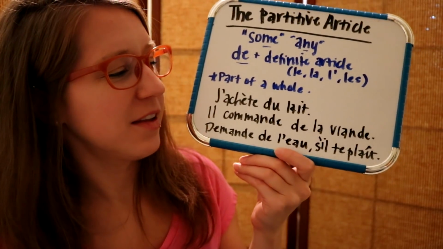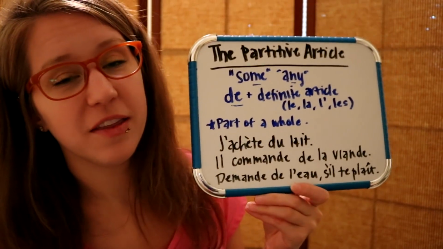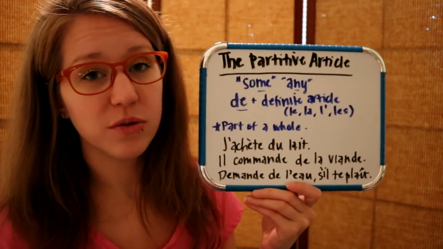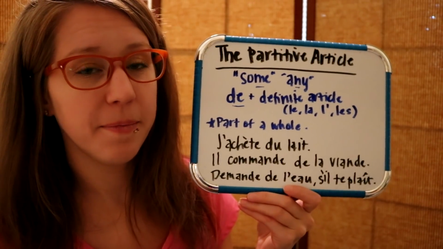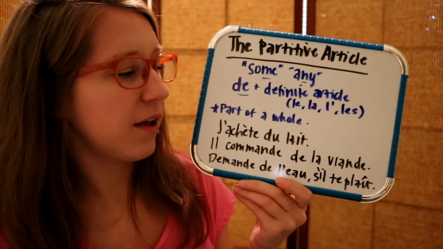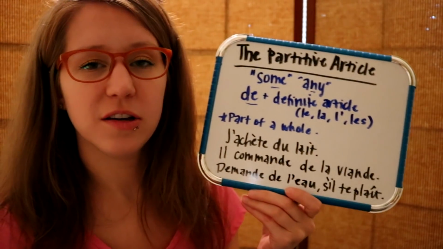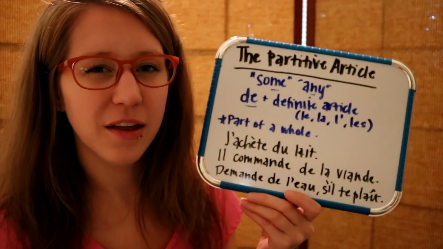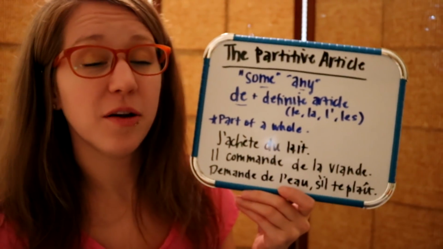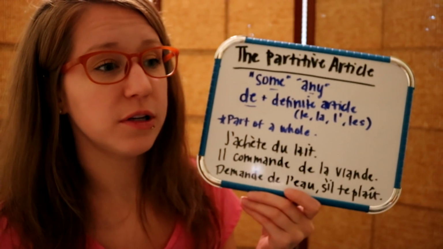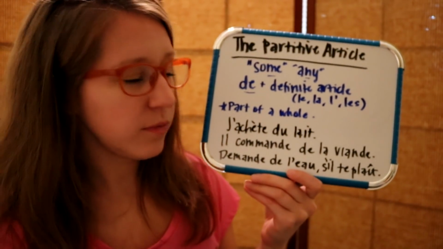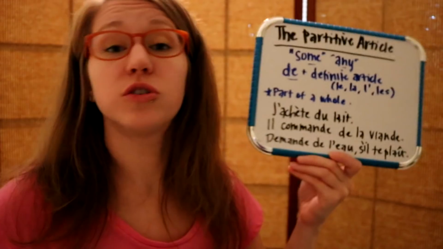Okay. Again, this is just something that I think is very difficult and comes with time. But if you're ever seeing these constructions and wondering what is that, it's saying some or any when you're just referring to part of a larger whole. The good news is those are all your articles.